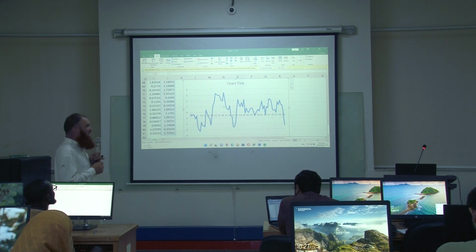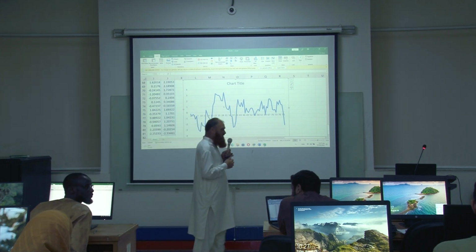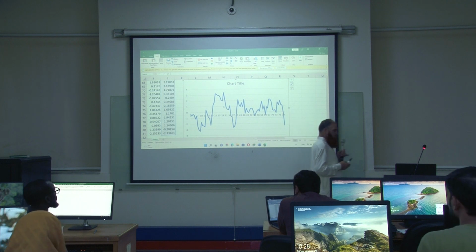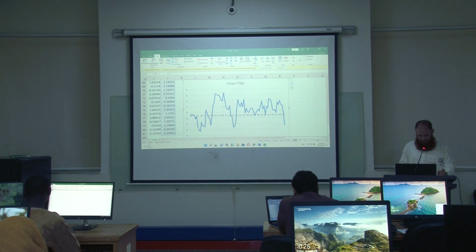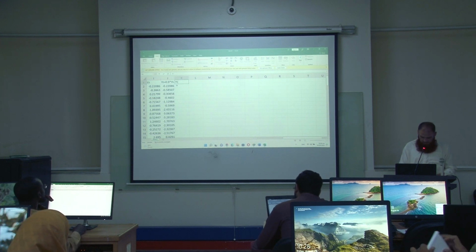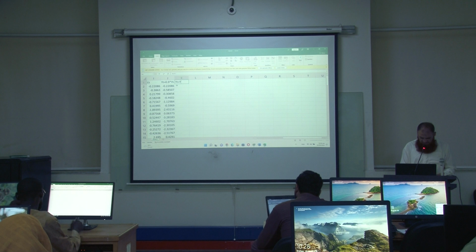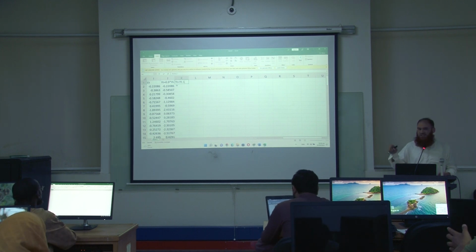Okay. Now in the next column, I will generate the unit root data. What is unit root? Let me tell you. Here I am writing yt equal yt minus 1. I haven't written any other coefficient as a multiple of this.